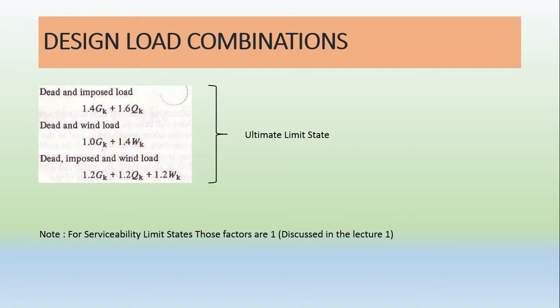The wind load calculation methods are given in CP3 chapter 5, and I will teach you those later. It has not been given in this BS code, but there is another code to calculate wind load. You can also get imposed loads, categorized imposed loads, in BS 6399 part 1.